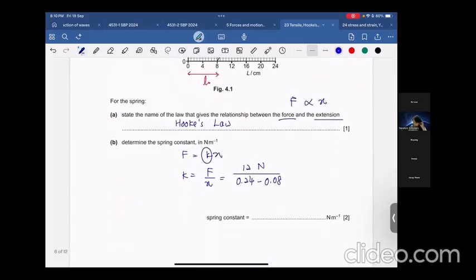Your answer should be 75 Newton per meter. If they didn't mention it, you can write your answer in Newton per mm, no problem. But right now they want Newton per meter. Okay? So boys and girls, any question? No question, we go to the next page.